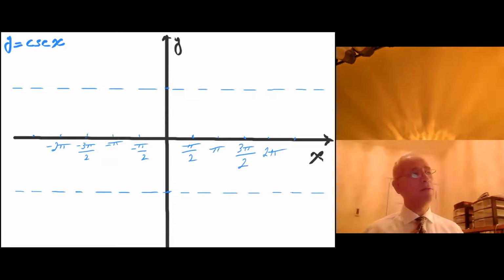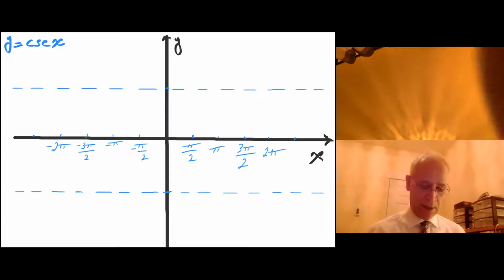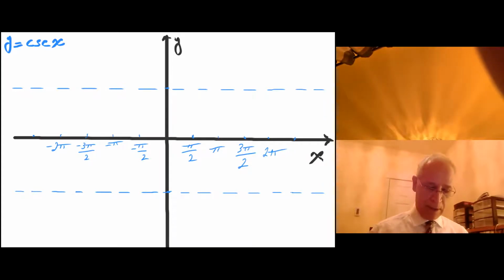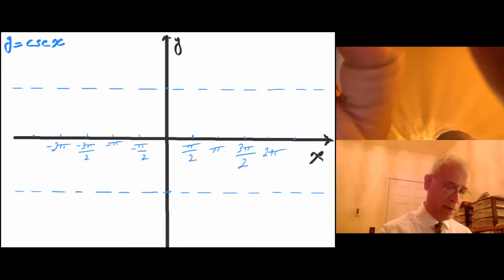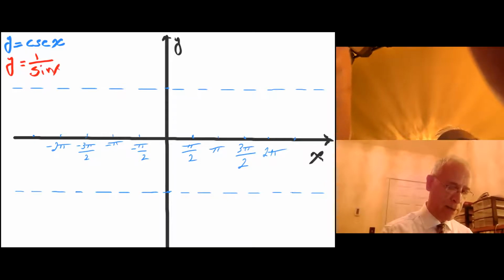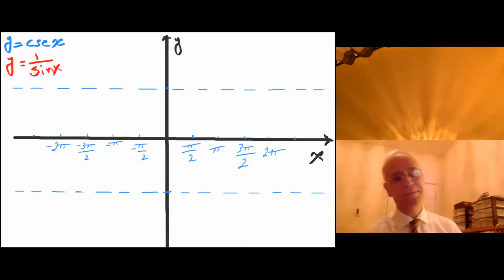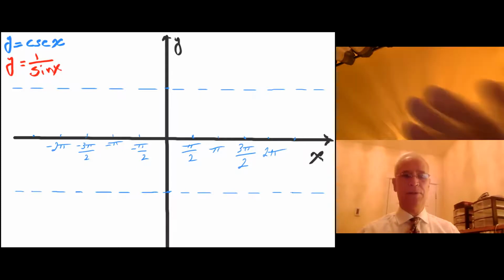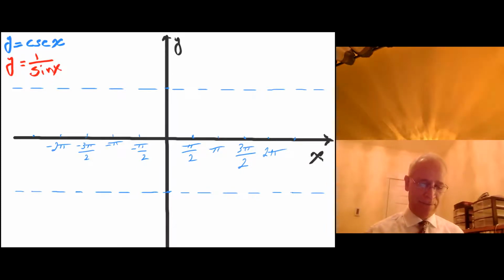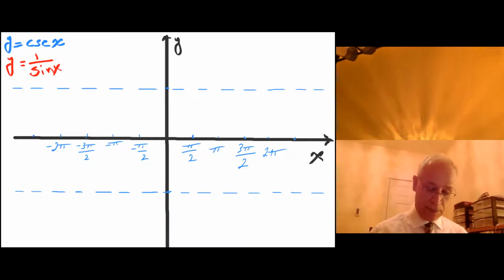What is it that we know about y equals cosecant of x? We know that y equals cosecant of x is the same as y equals 1 over sine of x. So first I'm going to go ahead and graph sine of x.